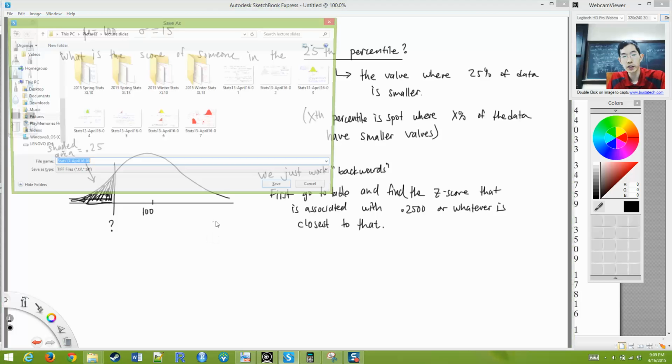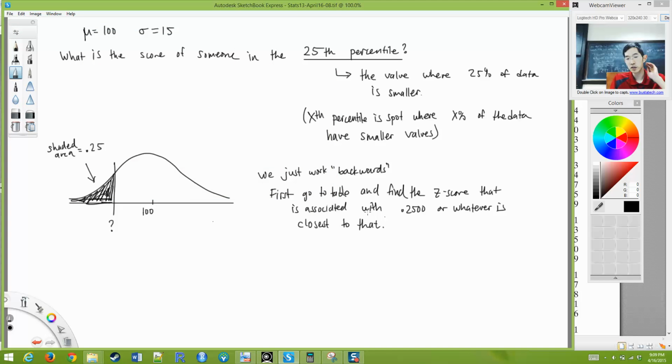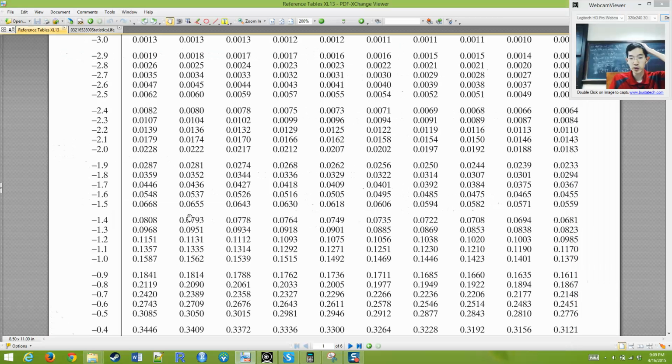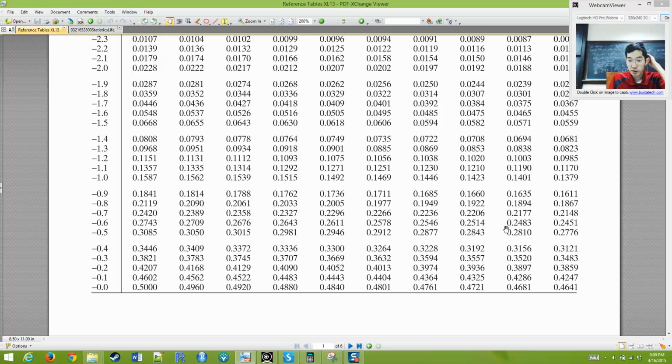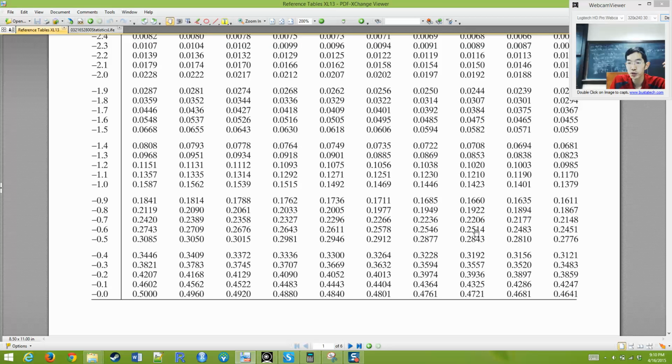So we want to find the z-score that's going to give me an area of 0.25 to the left. I go to the table and I'm going to be on the negative side. The numbers closest to 0.250 are 0.2514 and 0.2483, and of these two values, this one is closer to 0.25.